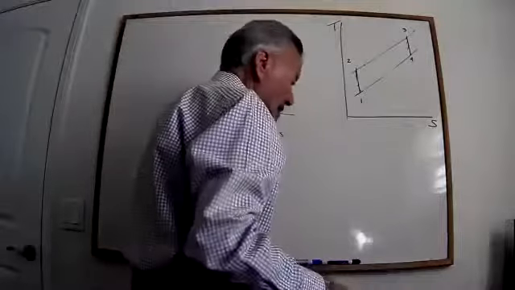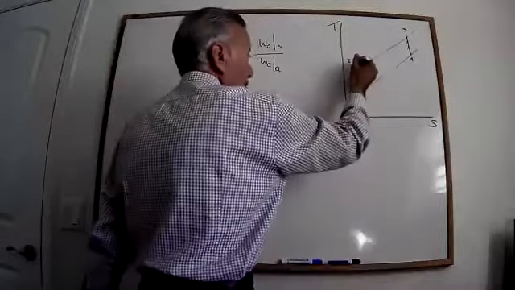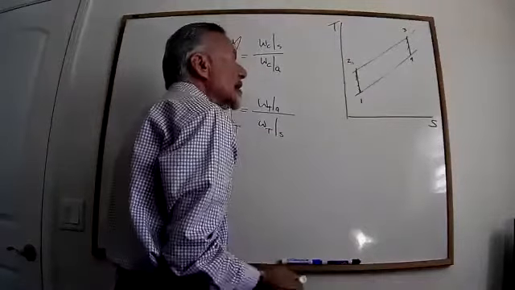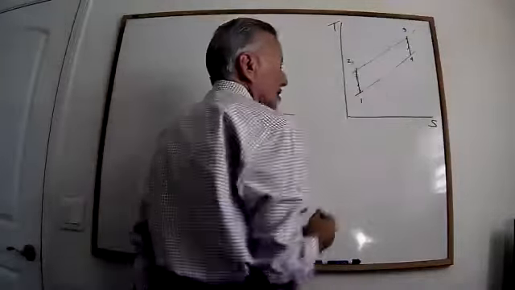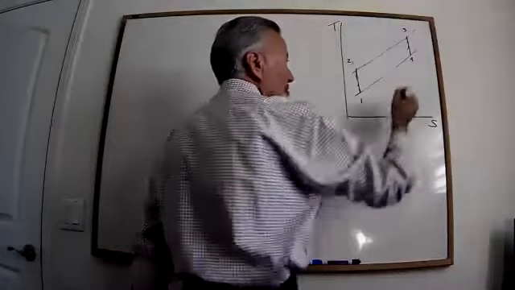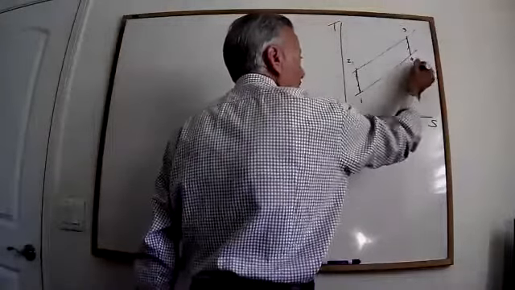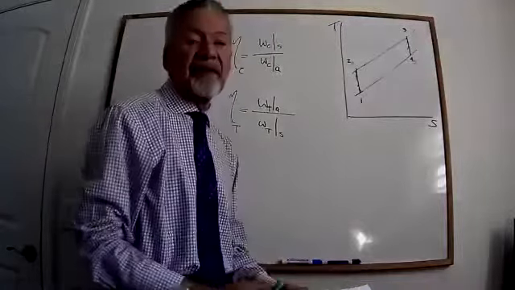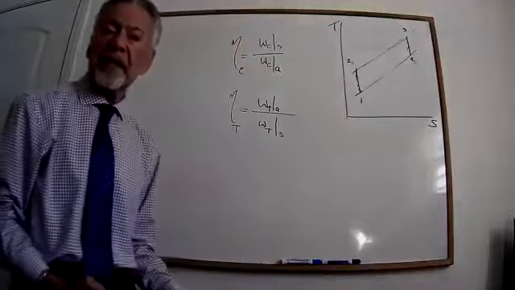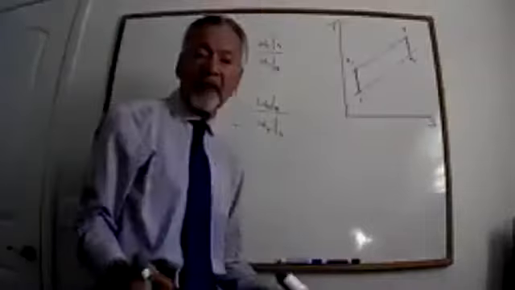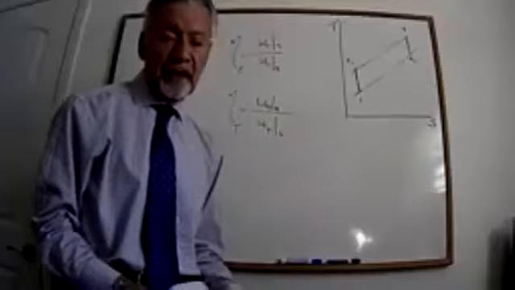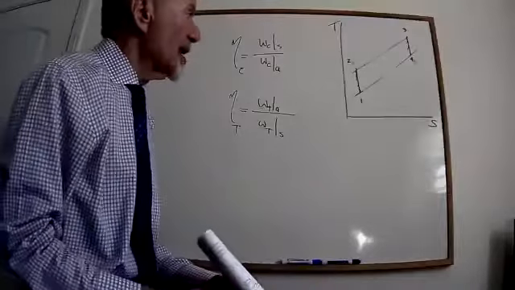So to make sure that we don't make a mistake, we call this 2S. 3 to 4 is an isentropic process, so this becomes 4S. Now, all the values that we find from the table are isentropic values, not actual values. So please pay attention to that.